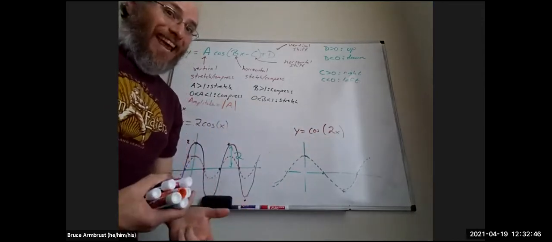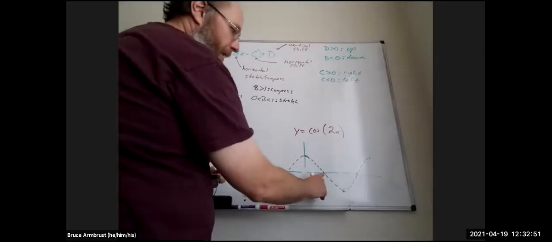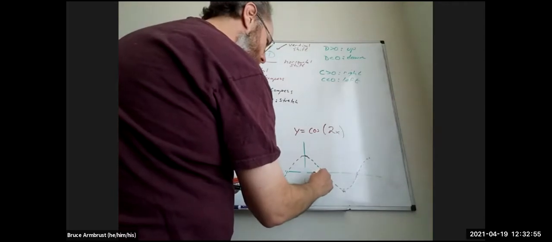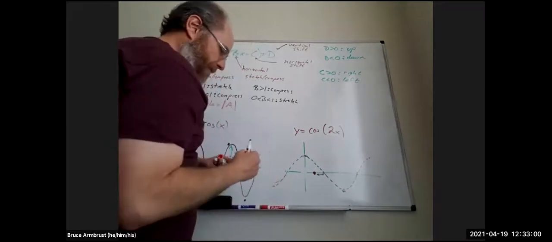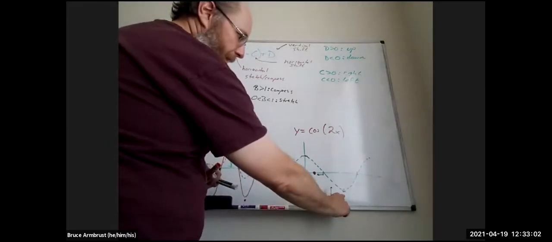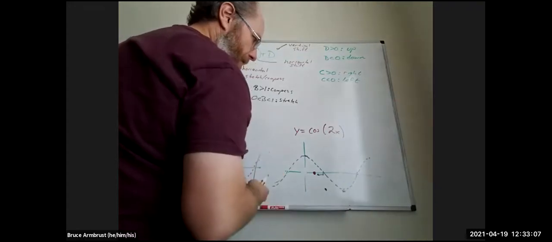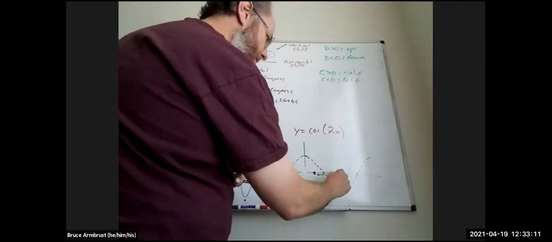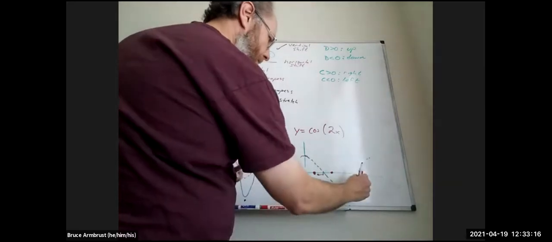We have to cut that distance in half. So, for example, this point that was right here at pi over 2 has to come in halfway to right here. This one has to get brought in half its distance, which is right there. The next one comes in half its distance, which is going to be right there. And so on and so forth.